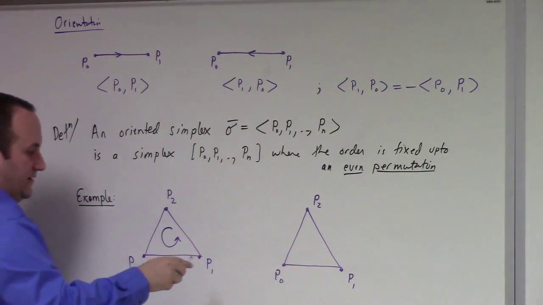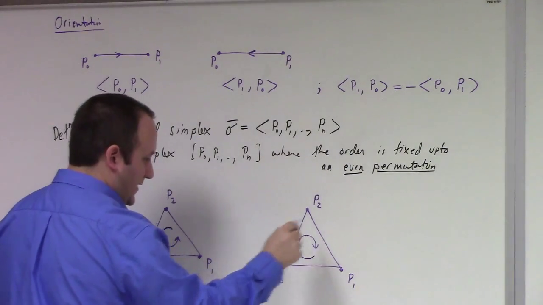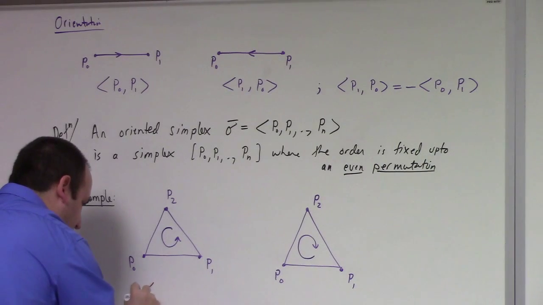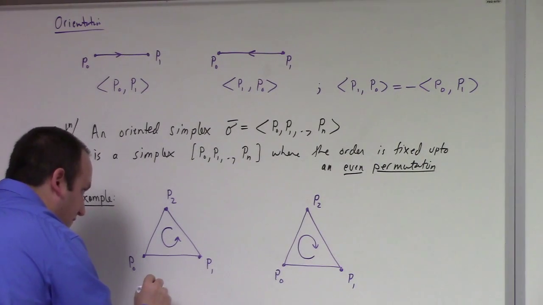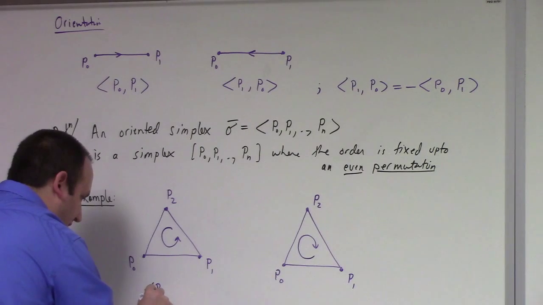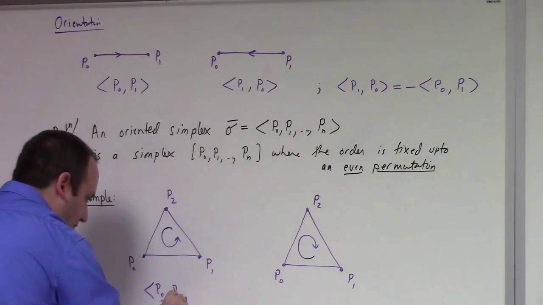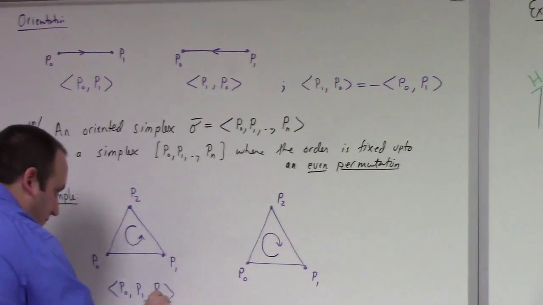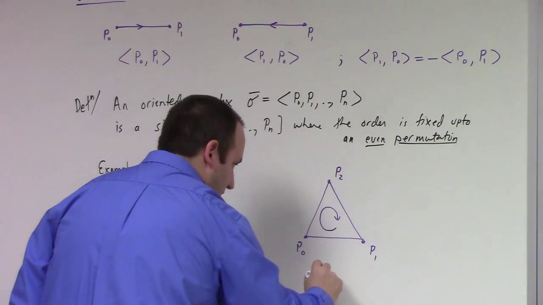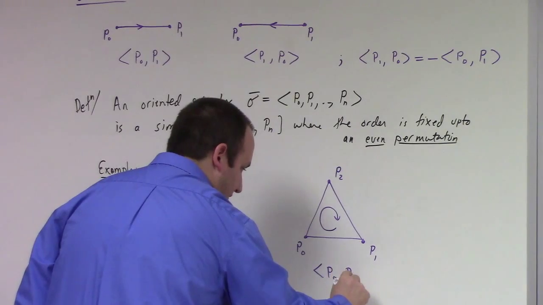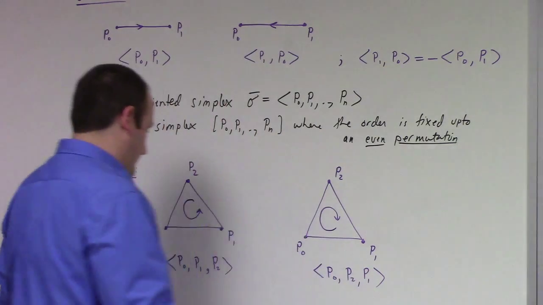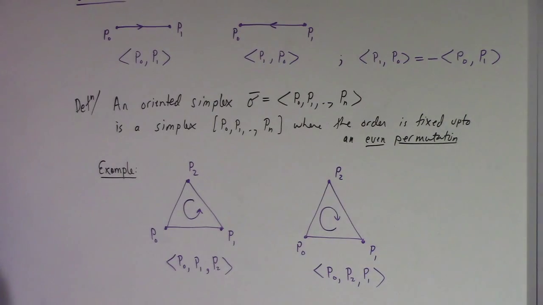Here counterclockwise, here clockwise. So this one has the ordering P0, P1, P2, whereas here we have P0, P2, P1. Now these are not unique representatives. Really we're working with an equivalence class to represent this particular two simplex with either orientation.